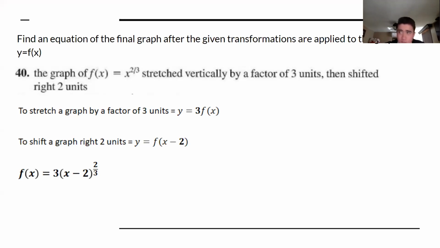Can you hear me, teacher? Yes. Okay. To stretch a graph by a factor of 3 units, we have y equals 3f(x).